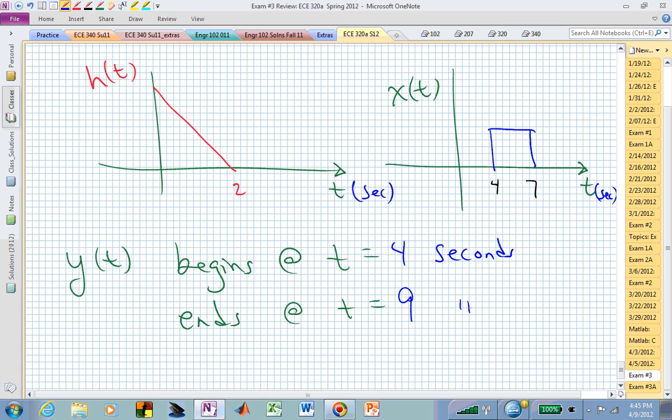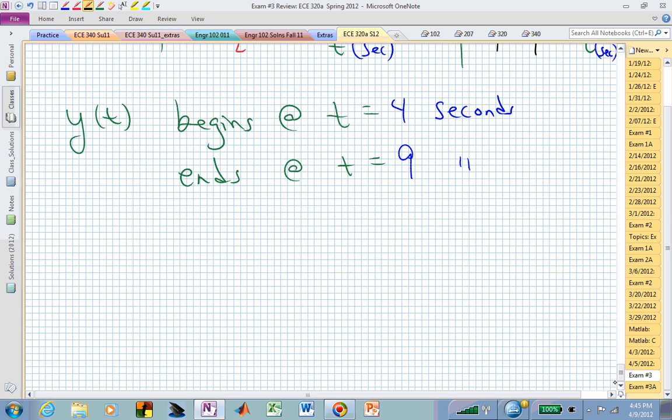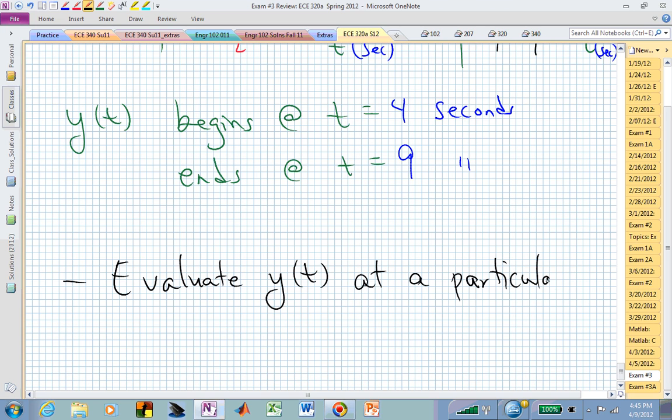Does everybody see that? And that should be easy enough to believe if you're starting to do some convolution problems. I might ask you something that you haven't had to do yet, or maybe you have. What if I ask you to evaluate the output response, y of t, at a specific time?